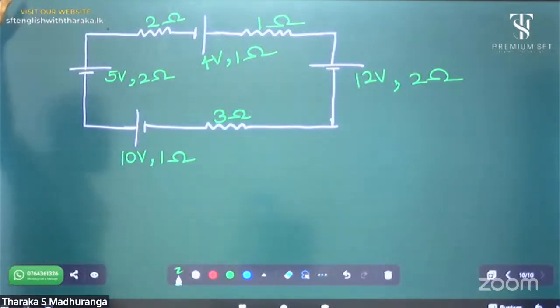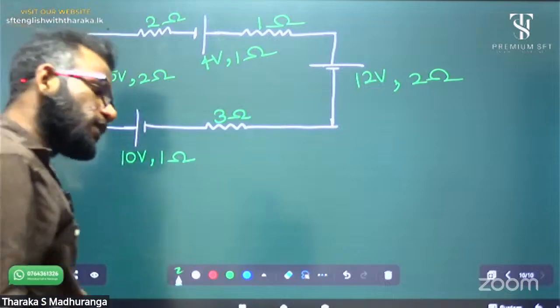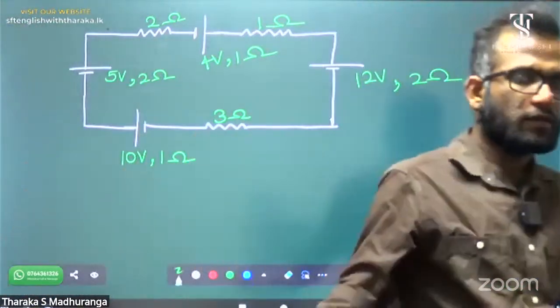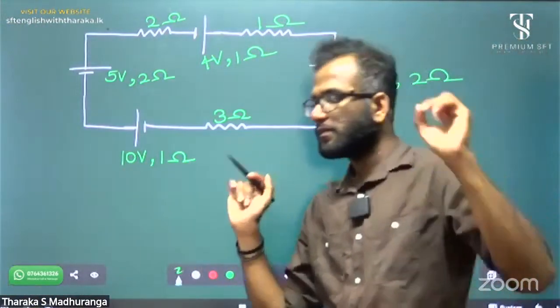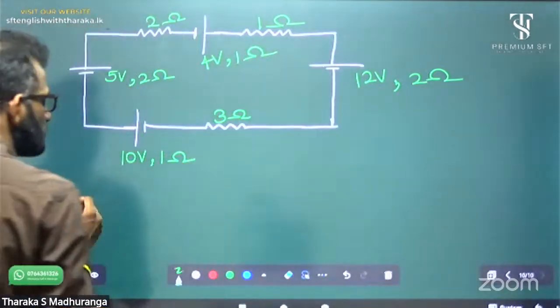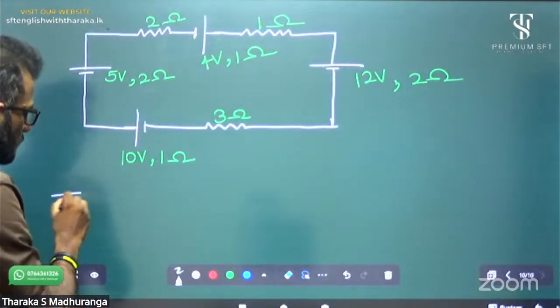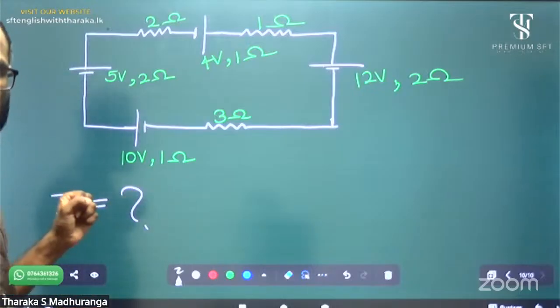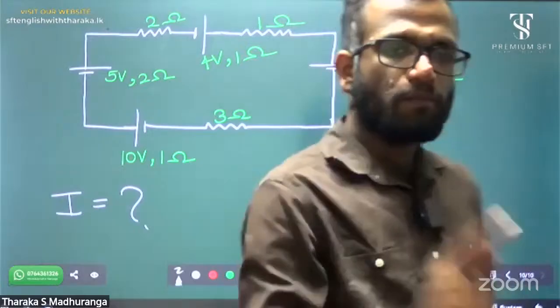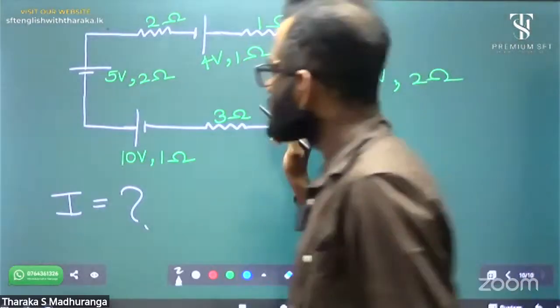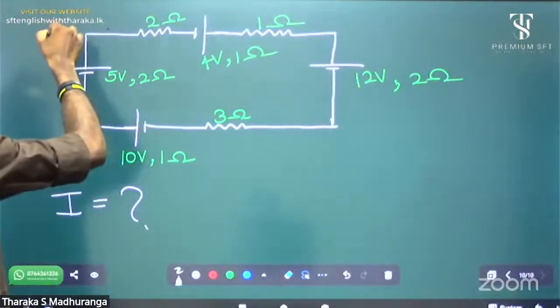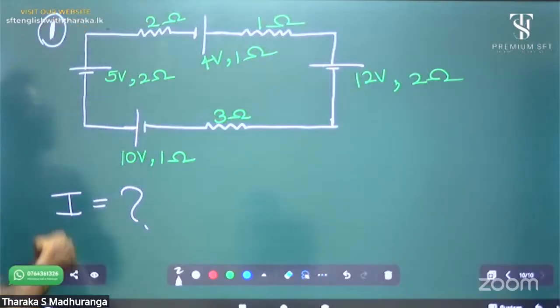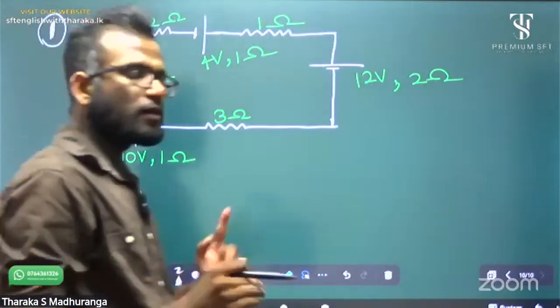Okay, you can use any direction and calculate the I. What's the value of I, the current flowing through this circuit? Okay, this is homework number 1.